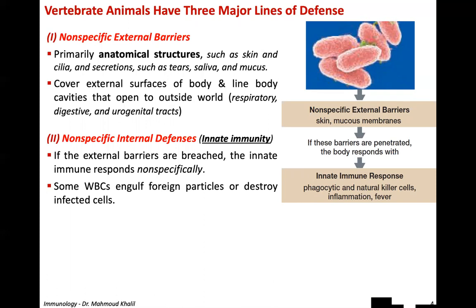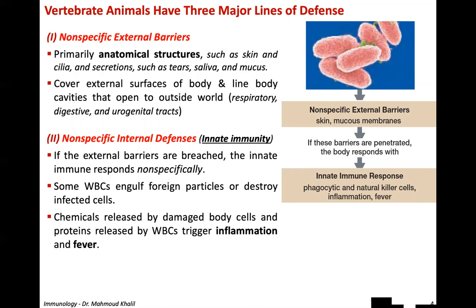These kinds of cells don't need specific behavior to fight some kinds of pathogen. So they fight non-specifically. And you can see these are white blood cells, and they engulf particles non-specifically or destroy the infected cells.